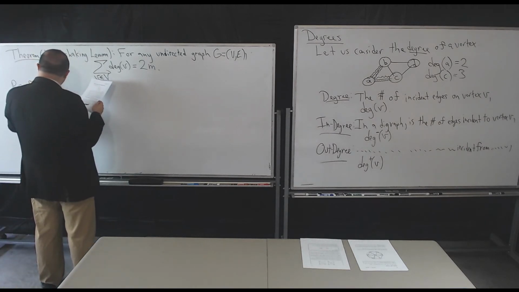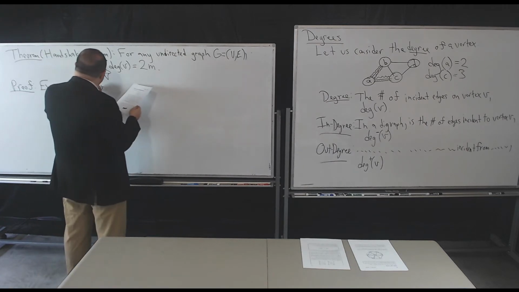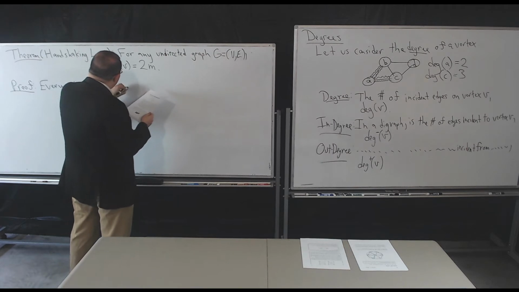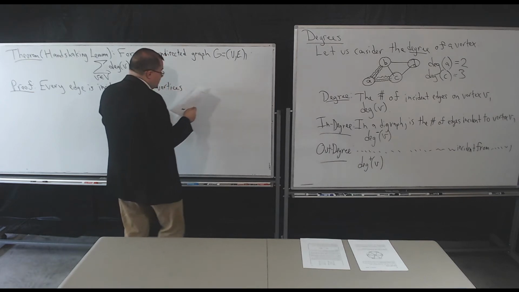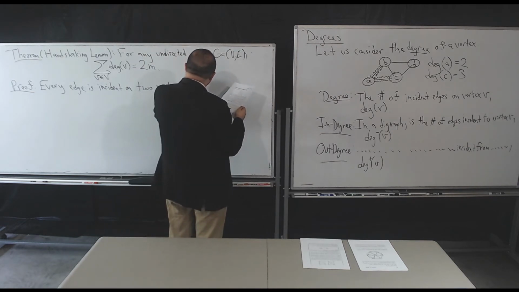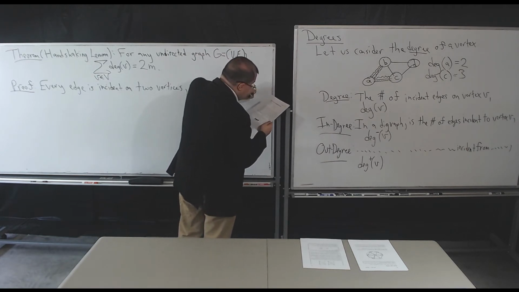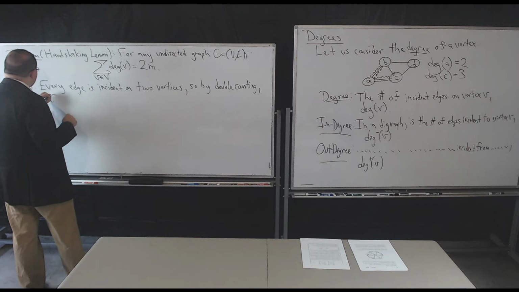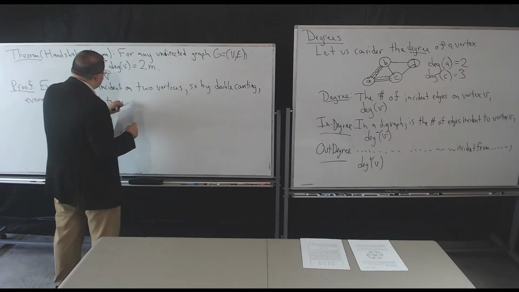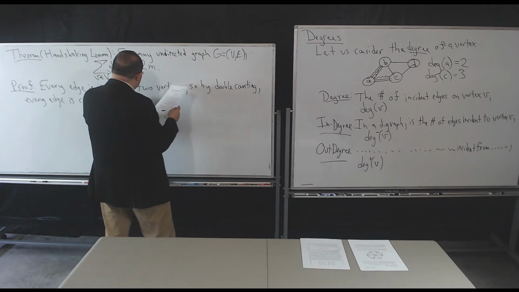So every edge is incident on two vertices. So by double counting, every edge is counted twice in the sum.